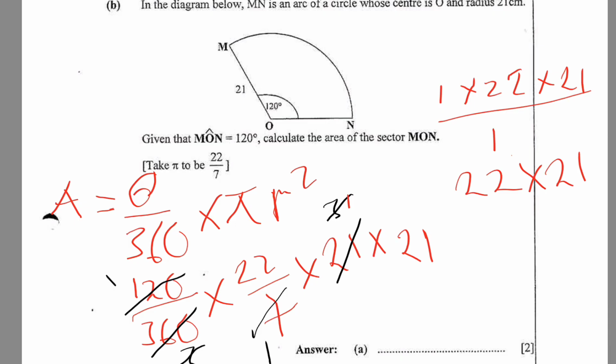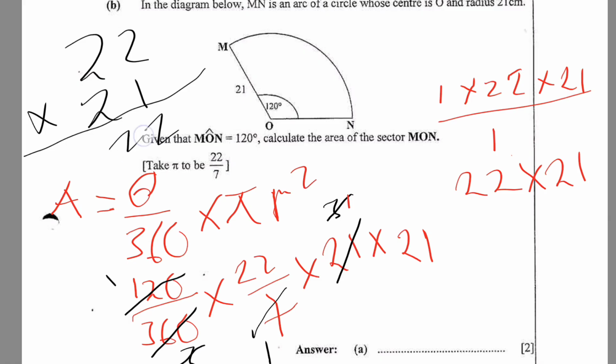Some of you may find it difficult to calculate 22 times 21 the way I've written it here. So what you can do is write it like this, 22 times 21. Multiply 1 times 2, which is 2. Then you come to the other 2: 2 times 2, 4.